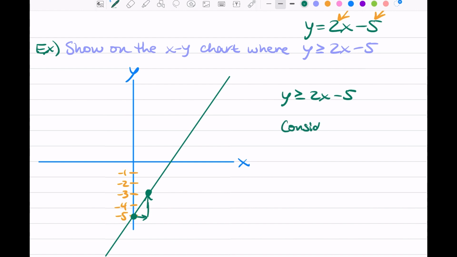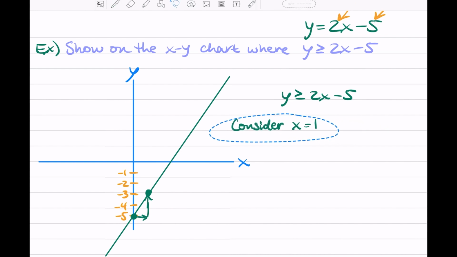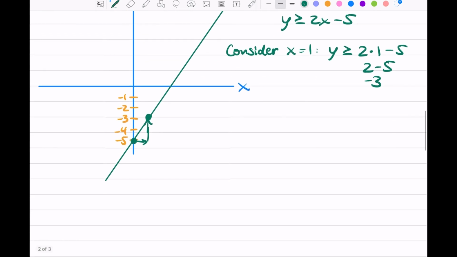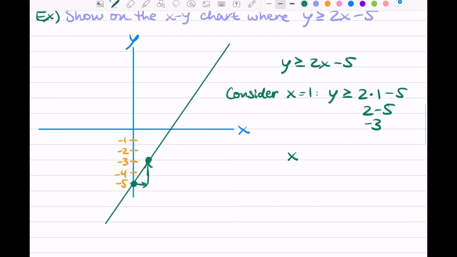So let's consider some points. Consider x equals 1. We plug that into our inequality, so we get y is greater than or equal to 2 times 1 minus 5, which is 2 minus 5, which is equal to negative 3. Okay, let's try one more point, x equals 2.